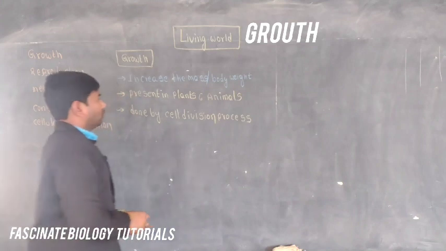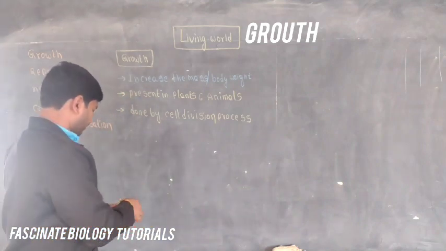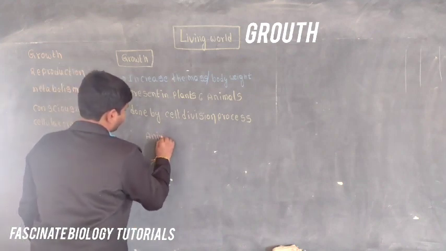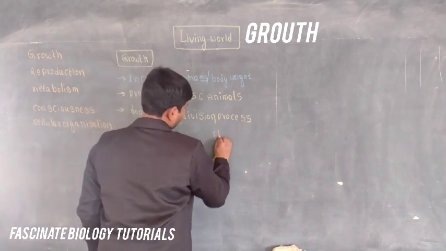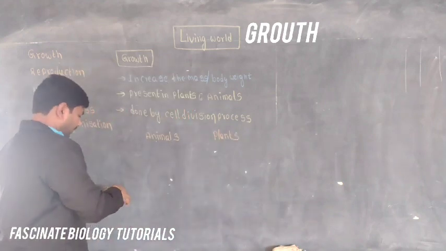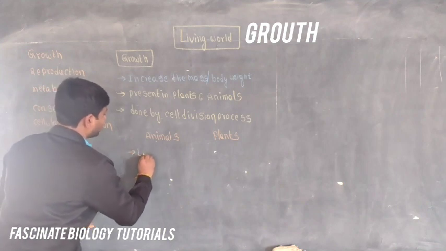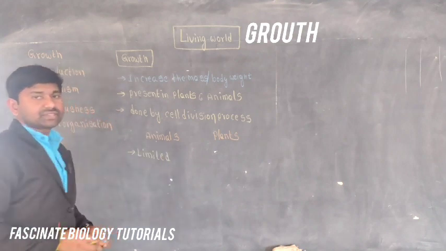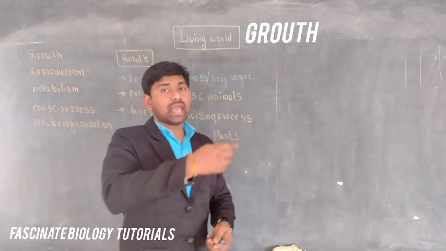Now we are discussing growth in animals as well as plants. First, growth in animals, and next, plants. In animals, growth is limited, which means after a certain period of time the animals are not able to grow any further.